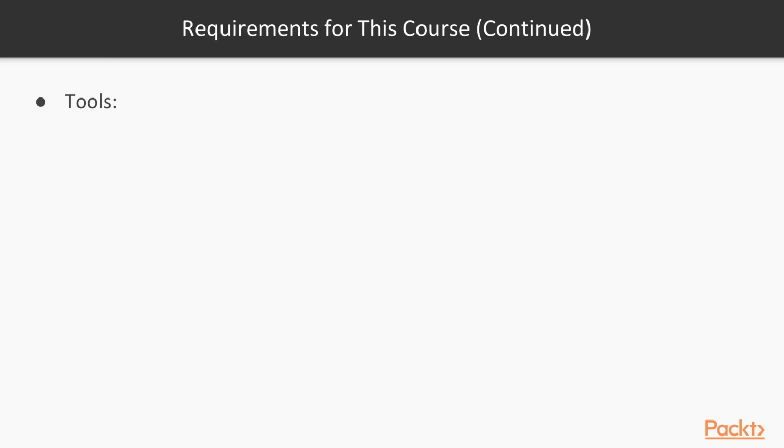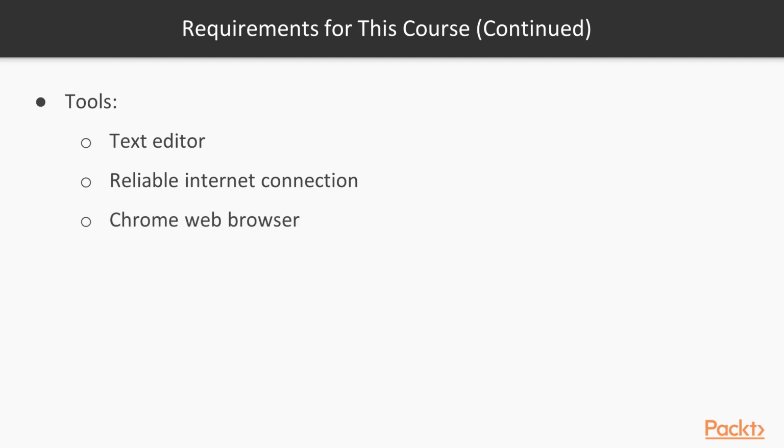So the tools we'll be using here are any simple text editor, the reliable internet connection, which is mandatory, Chrome browser for the extensions which we are going to use to create a decentralized application, a Git bash, or a terminal which is in Mac.